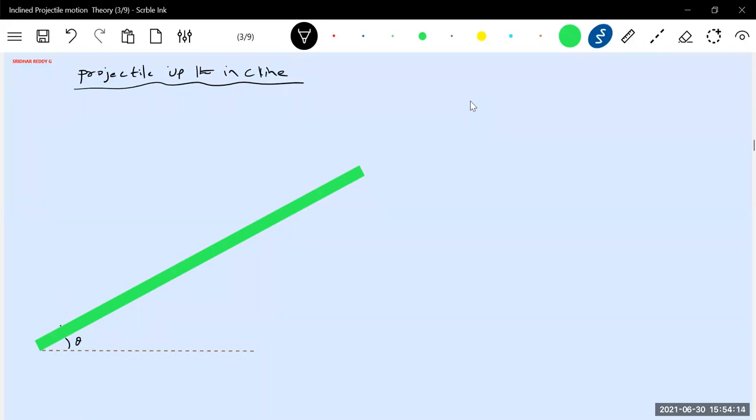I'm going to throw a ball here. Let's take this point. Say this is going to go like this and will strike.